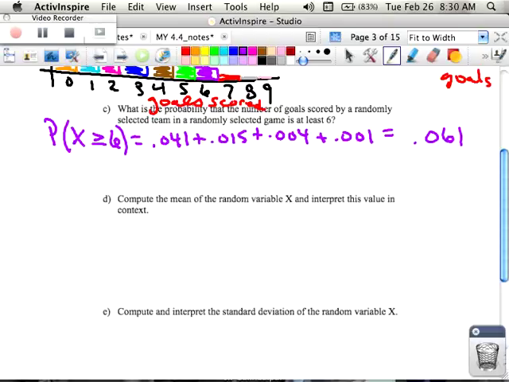From our formula, when we were talking about the mean, we know that the mean of our event is going to be each event times the probability. So we have 0 times its probability, 0.061, plus 1 goal times its probability, 0.154, plus 2 times its probability, 0.228.